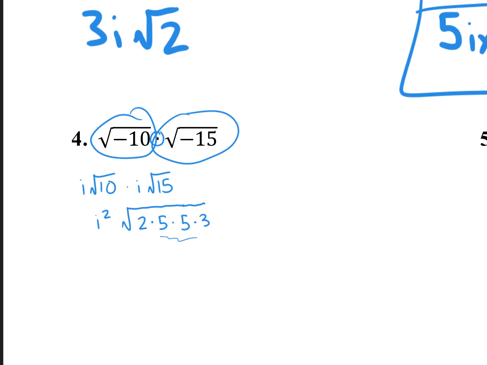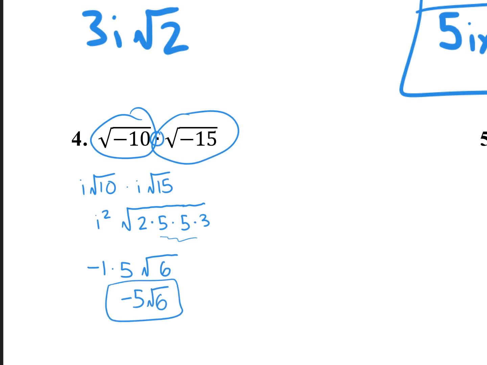All right, so the i squared becomes -1. One of these 5's can come outside. And then the 2 and the 3 don't have a partner, so those have to stay inside. And they multiply back together, and 2 times 3 is 6. All right, so -1 times 5 is -5 rad 6.